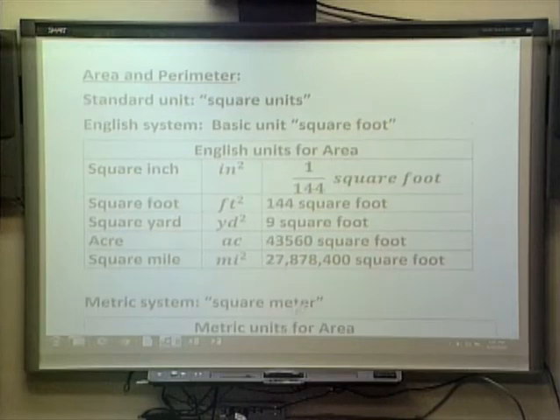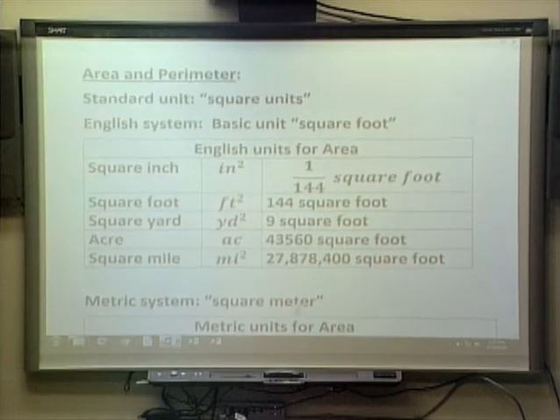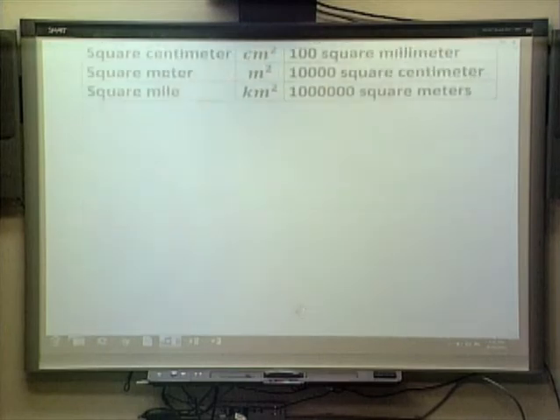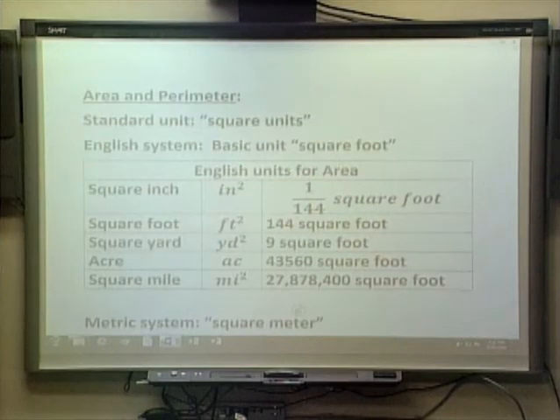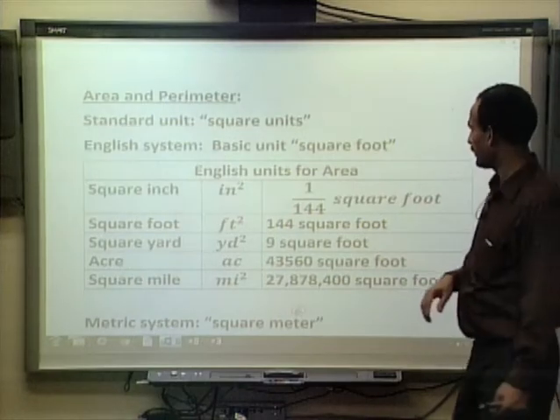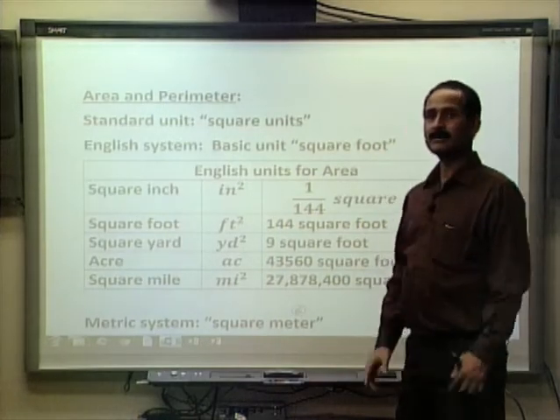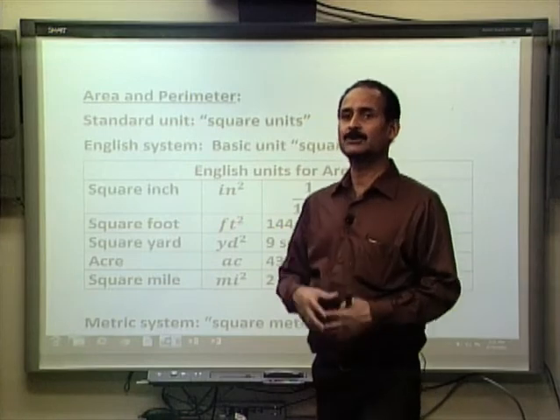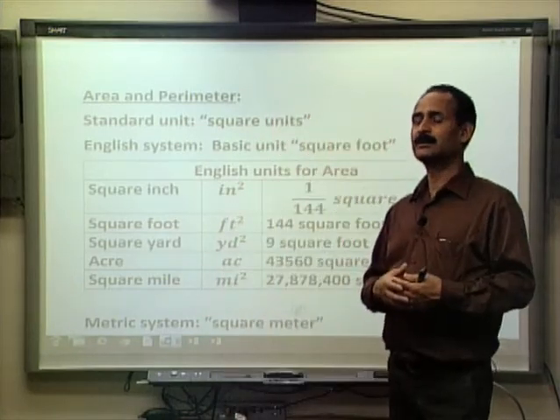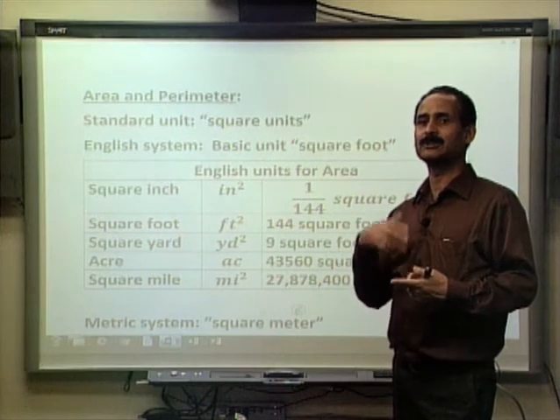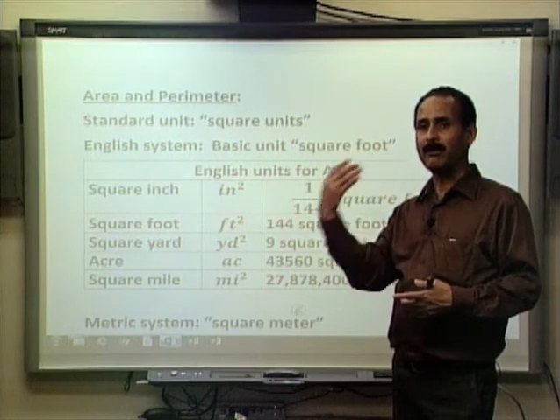Next, area and perimeter. Let us talk about area. The standard unit of area is square unit. By saying square unit, what I am saying is area could be square inch, square mile.